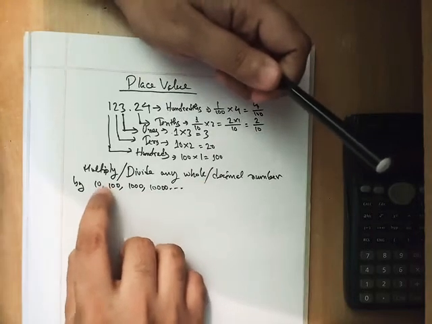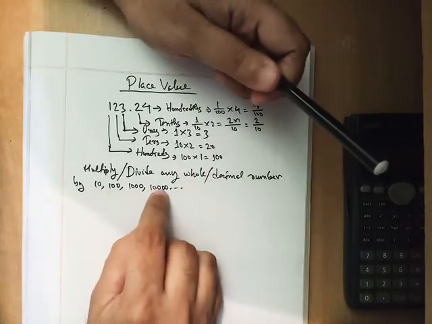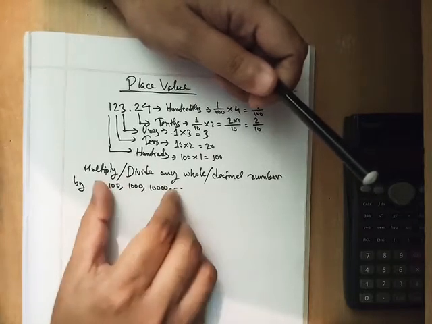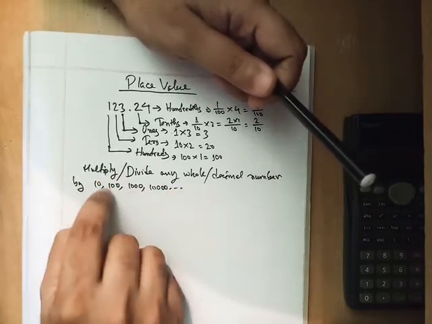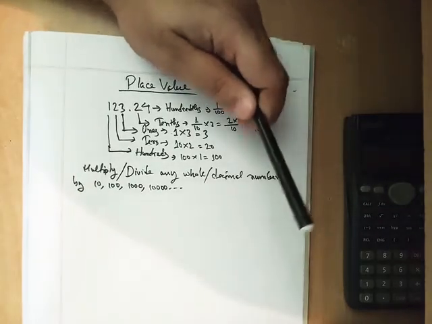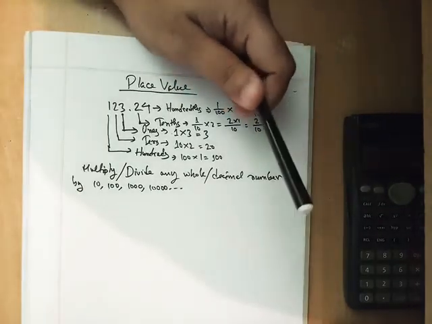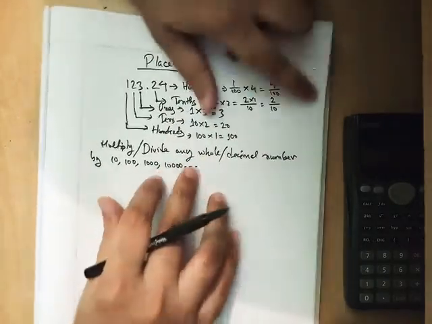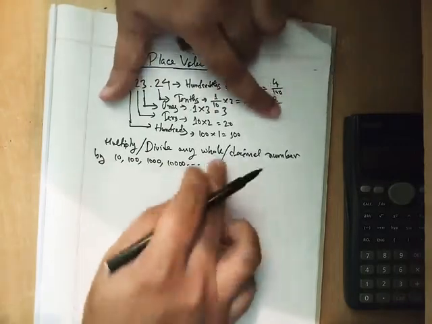If you look at it, 10, 100, 1000, 10,000, in each step we are increasing a 0, hence the value of the number increases, but the first digit is always the same, that is 1. So what happens when we multiply or divide a whole or a decimal number with these numbers? Let's start off with multiplication and with the whole number.